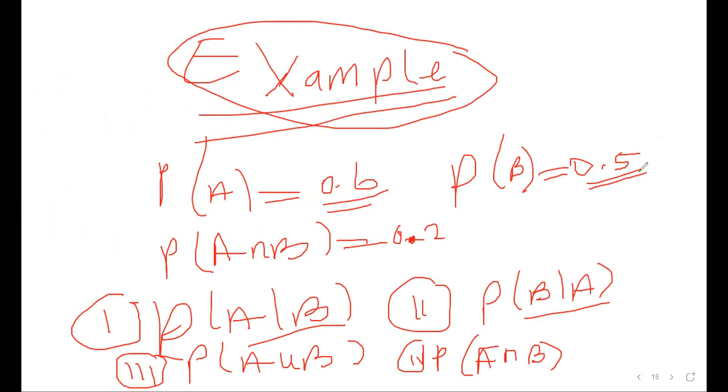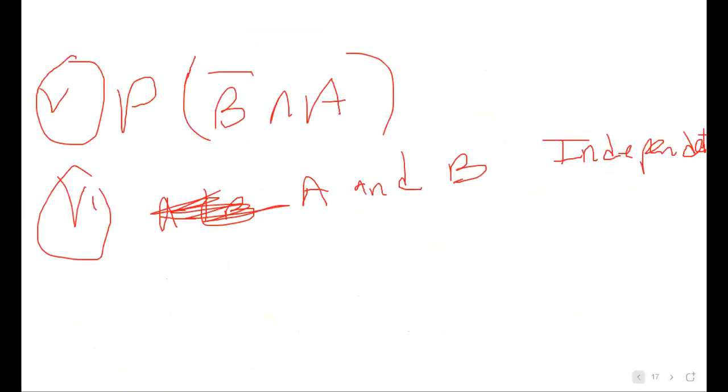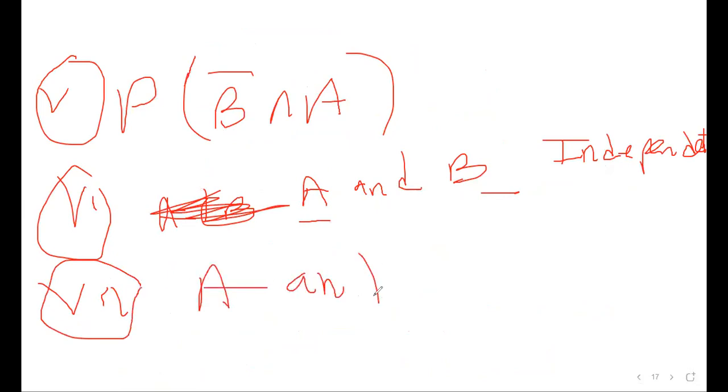The probability of A is 0.6, B is 0.5, and the probability of A intersection B is 0.2. So find A given B, B given A, A union B, A complement intersection B, which is A bar intersection B, then B complement intersection A, and whether A and B are independent, and whether A and B are mutually exclusive.